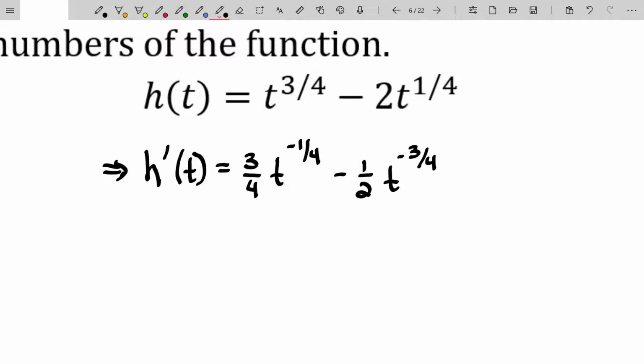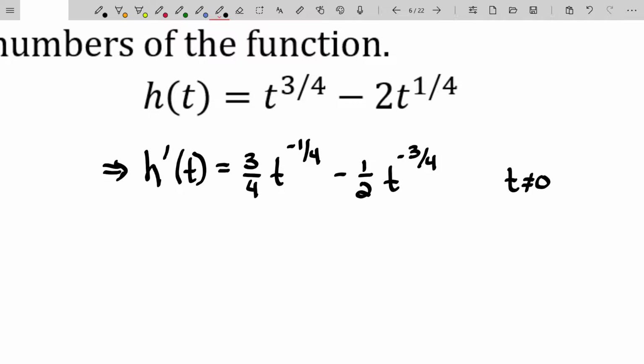Well, we can immediately see that t equals 0 causes an issue because remember, negative exponents belong downstairs, right? So if you want to combine these into a single fraction, you totally can, but that's not actually going to change anything about the domain issue here. So t cannot be 0 for the derivative. While it can be for the function h of t, you could totally have t be 0 there.